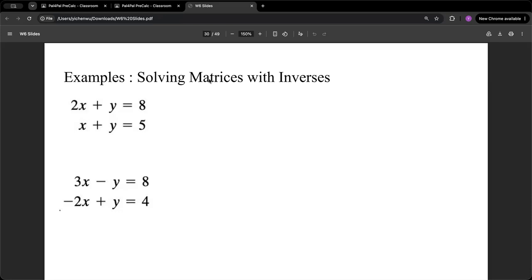Okay, let's try this. For the first one, the matrix is 2, 1, 1, 1. The determinant of this matrix is 2 minus 1, which is equal to 1. Now if we plug this into the inverse matrix formula, we get 1 over 1, which is still 1.